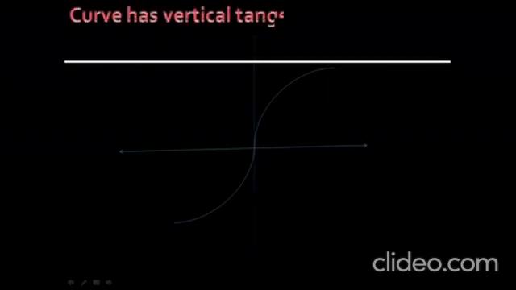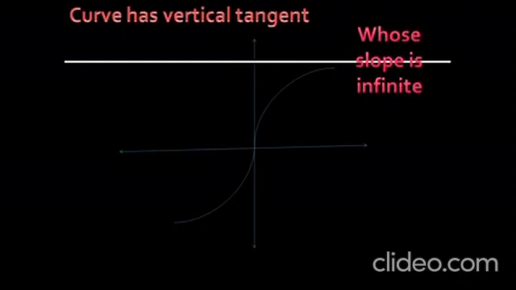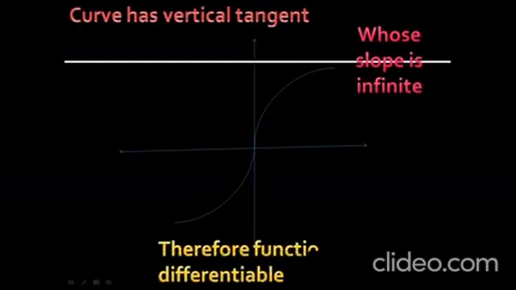So we can say if the curve has a vertical tangent whose slope is infinite, it does not have differentiability at that particular point. Therefore, the function f is not differentiable at this particular point.